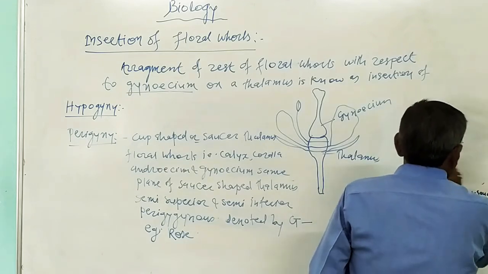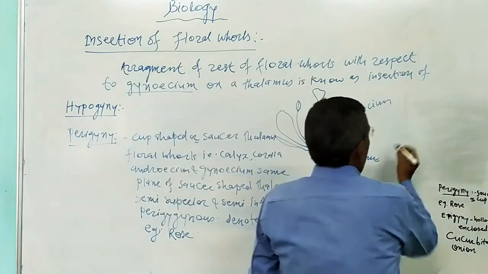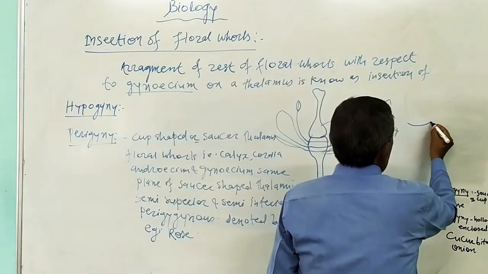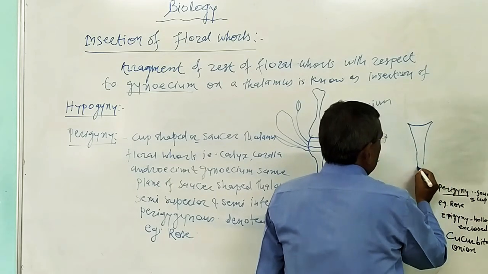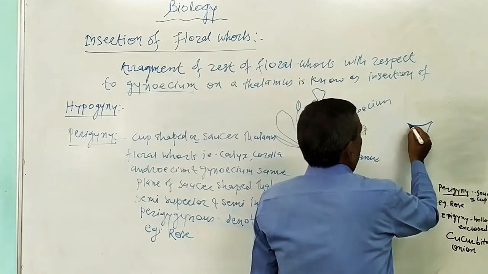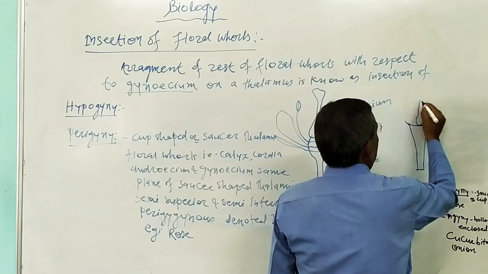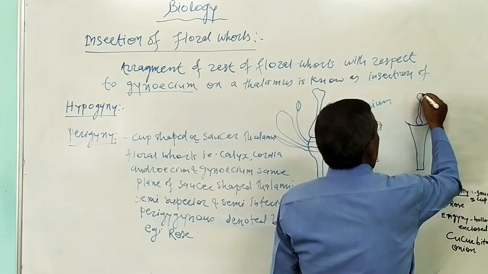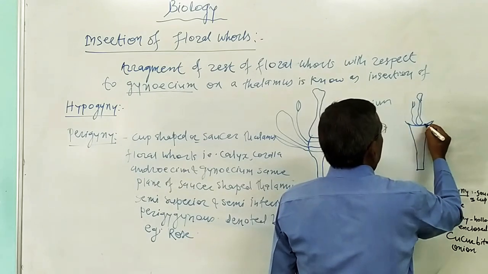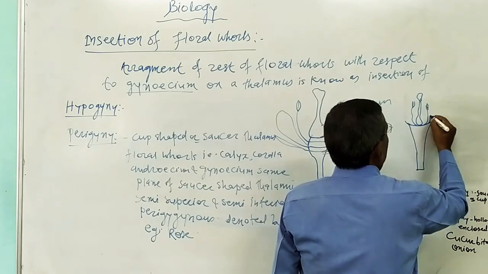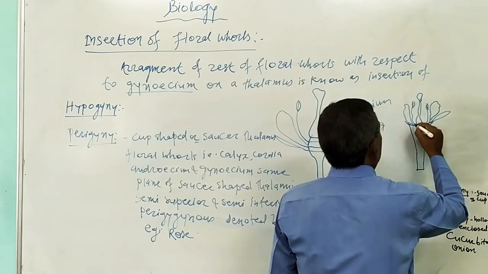Now here we are going to study perigyny. Perigyny is found in a rose flower. Consider this is the rose flower thalamus, and this is the pedicel of the rose flower. On this thalamus the floral whorls lie. This is the gynoecium, this is the androecium, this is the corolla, and this is the calyx.